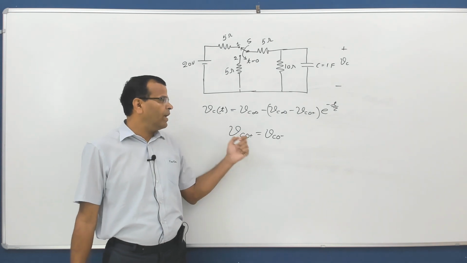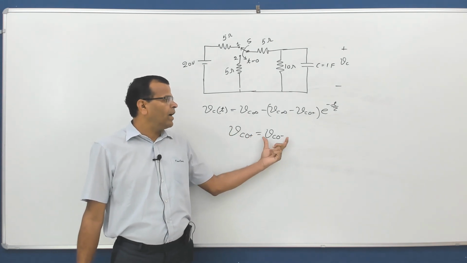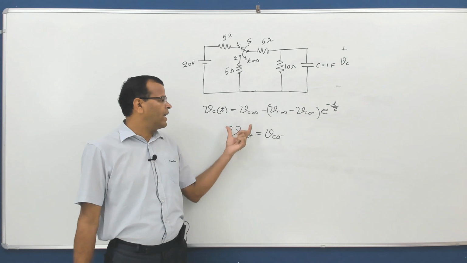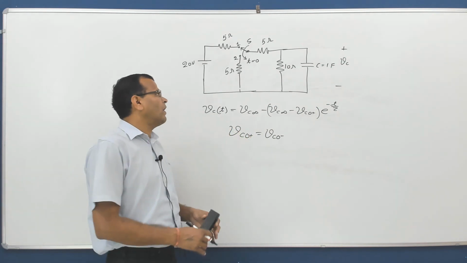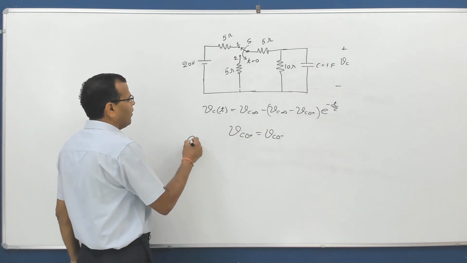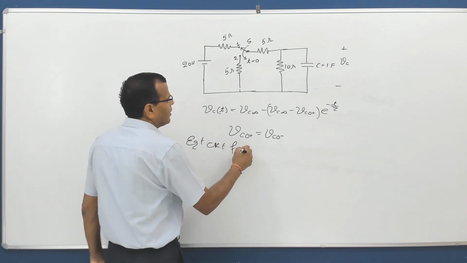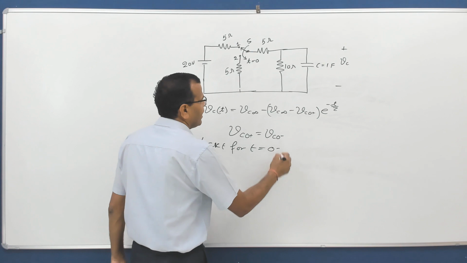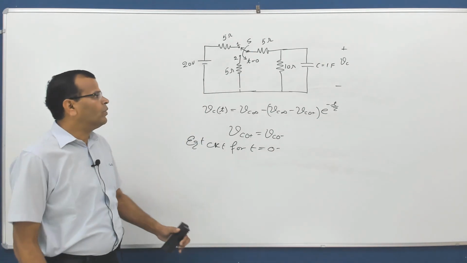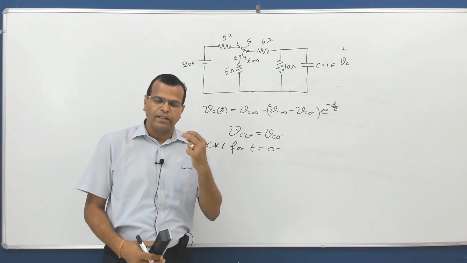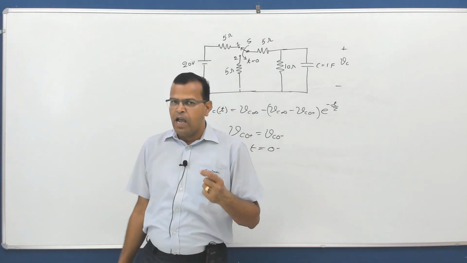So the very first step is to find Vc(0-), which will directly give Vc(0+). So I will draw the equivalent circuit for t equal to 0 minus.